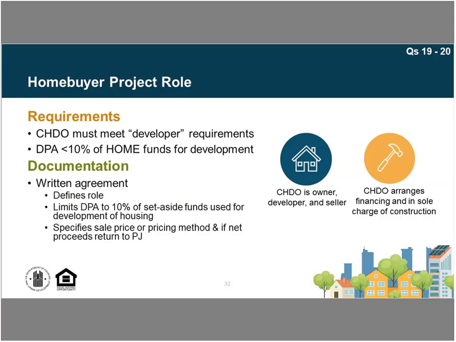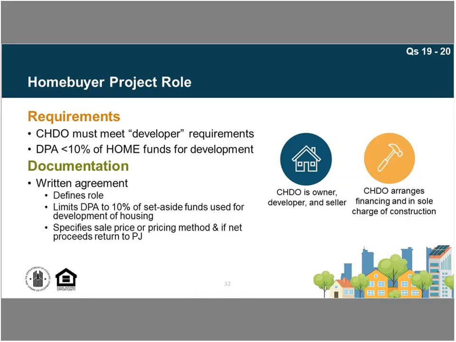The project, as I mentioned earlier, has to meet developer requirements, and the one new thing that I want to mention here is that there's a limitation on the amount of funds that can be used for down payment assistance only from the set-aside. I'm going to have to pause for a moment to comment that since CHDO set-aside money is for development projects, HUD assumes and requires you, the CHDOs, to use the bulk of the HOME set-aside funds for development purposes.